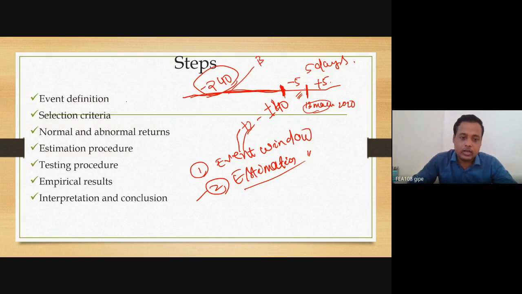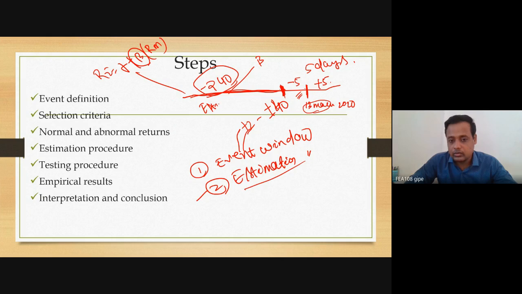We apply the market model here: Ri equals alpha plus beta Rm. This beta is calculated over the estimation window. When we get the beta value in the estimation window, that is the last 240 days beta, we expect that this beta will also continue in the next period.